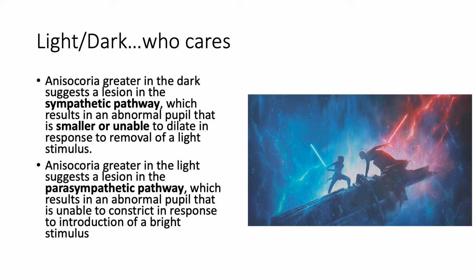So you know that if the anisocoria is greater in the light, the pupil that is larger and unable to constrict is the side that has pathology, and it's an issue with the parasympathetic pathway.